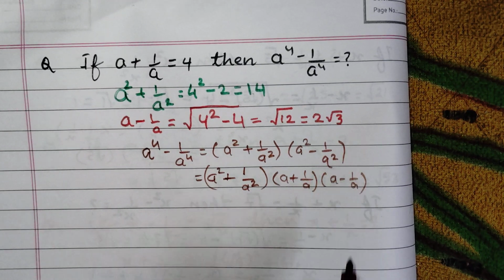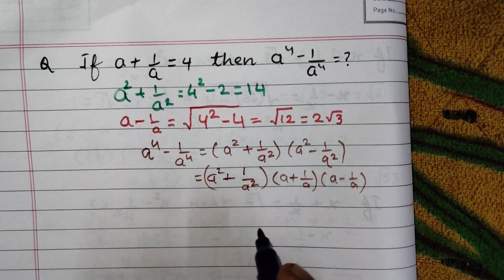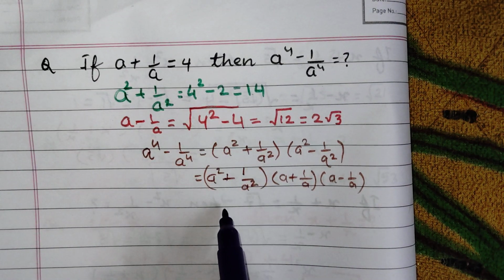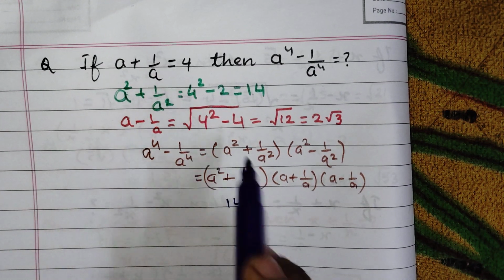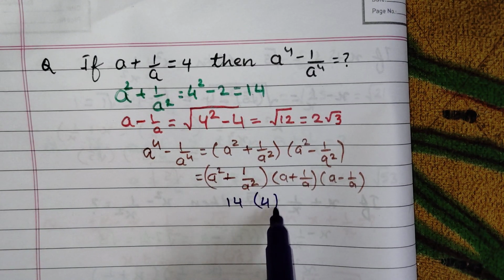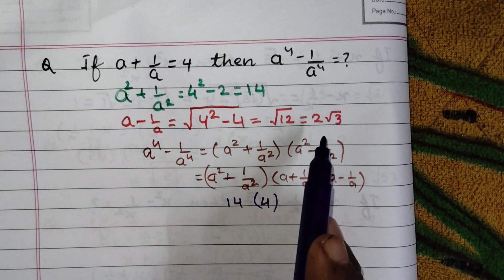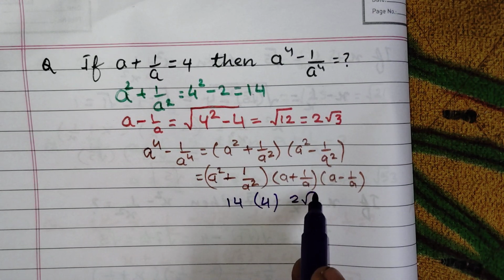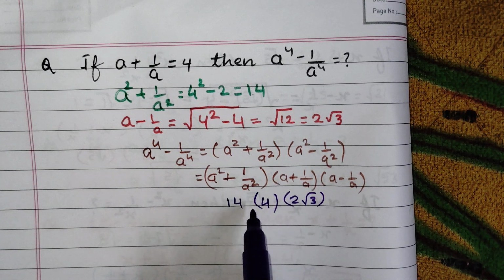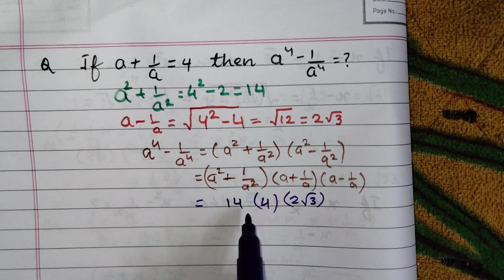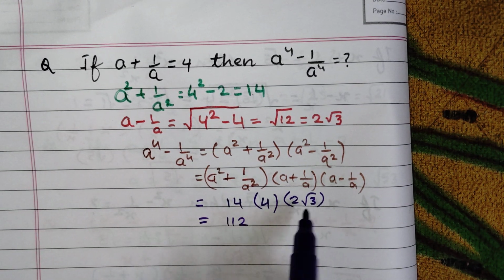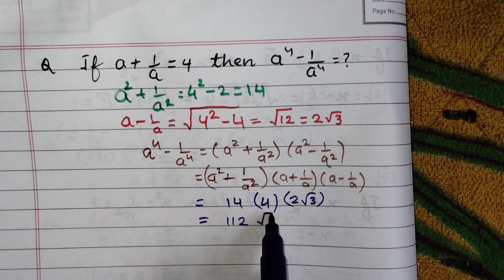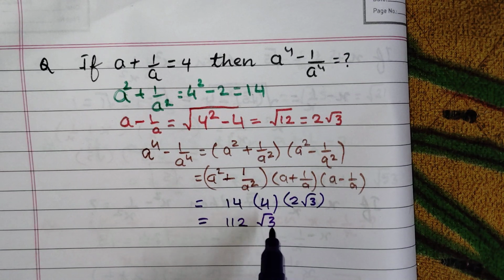Now plug in the values. A square plus 1 upon a square, its value is 14. A plus 1 upon a, its value is given as 4. A minus 1 upon a, its value is 2 square root 3. So plugging in the values, now multiply. 14 times 4 is 56, 56 times 2 is 112, and square root 3 is written as it is. So 112 square root 3 is the answer of this question.